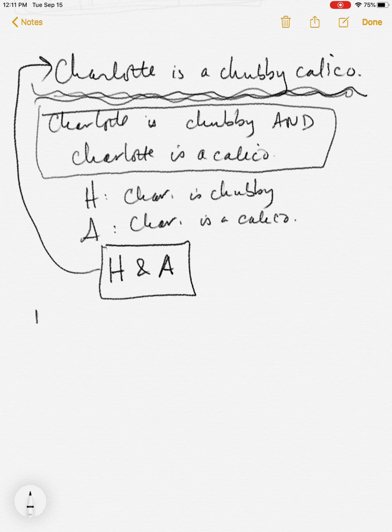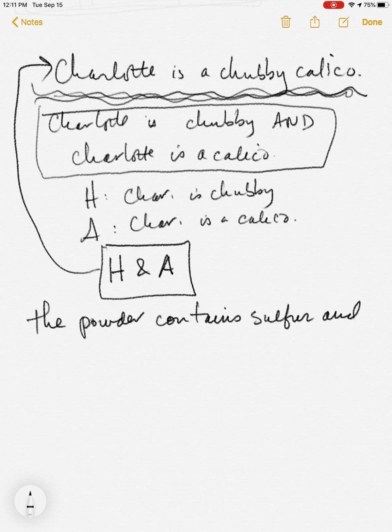So, for instance, here's a simple example: the powder contains sulfur and magnesium. So here was our first example. Here's a second example. The powder contains sulfur and magnesium.